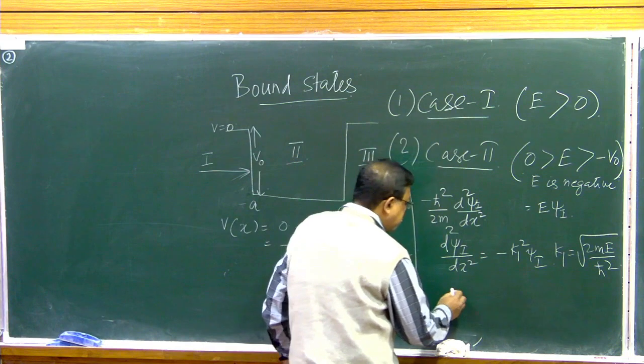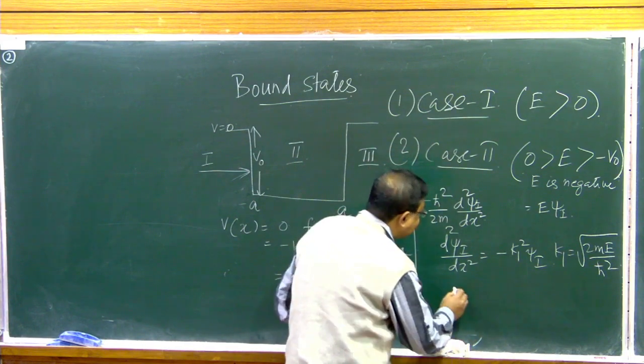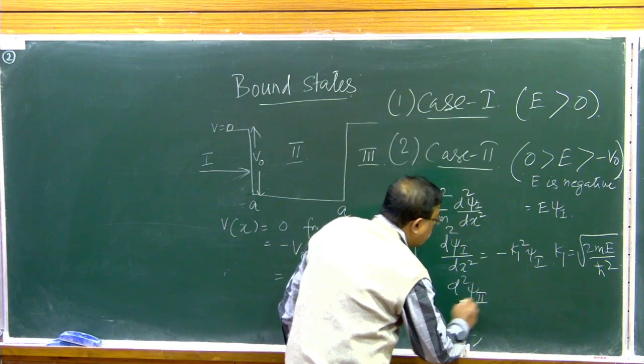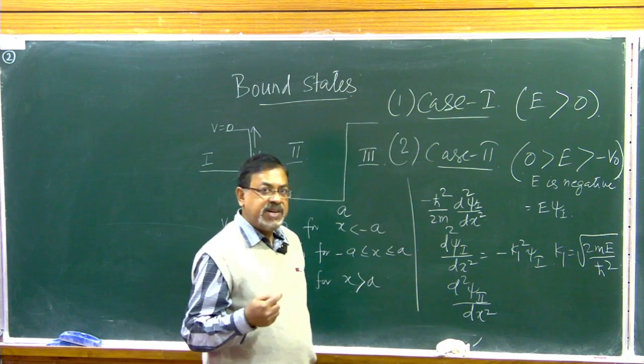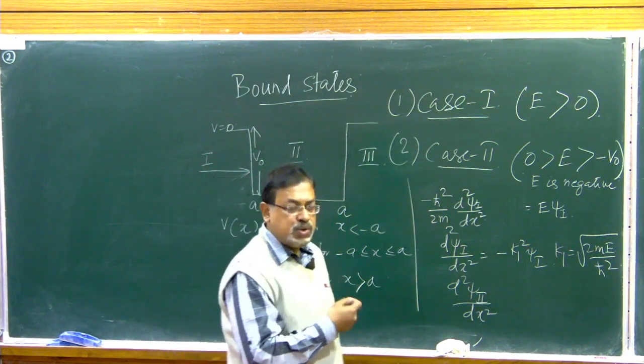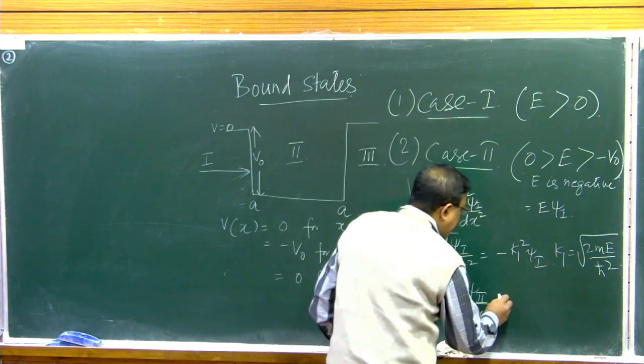So you'll have d2 psi 2 dx2. I will not write this equation every time, I'll simply write down the solution, but you should get used to it by writing down the equation.